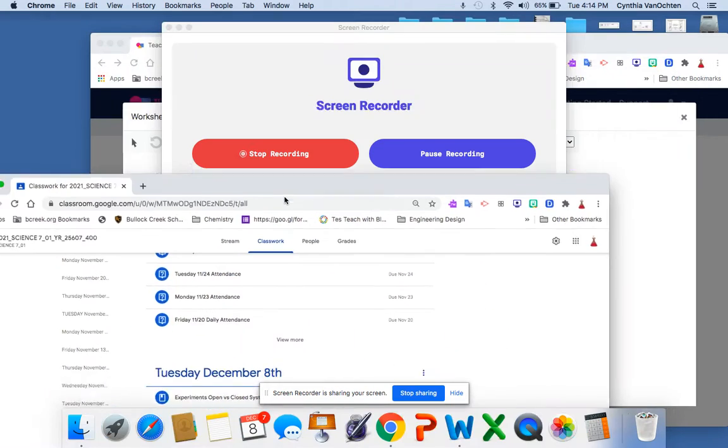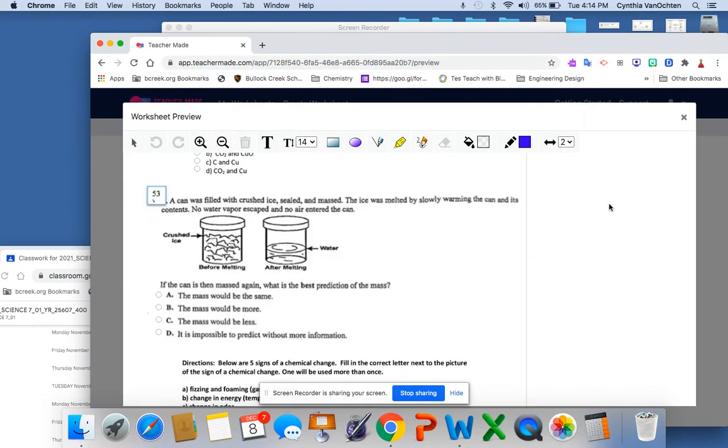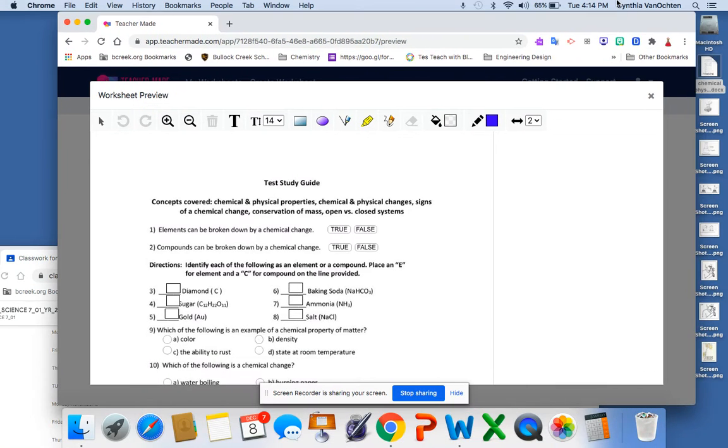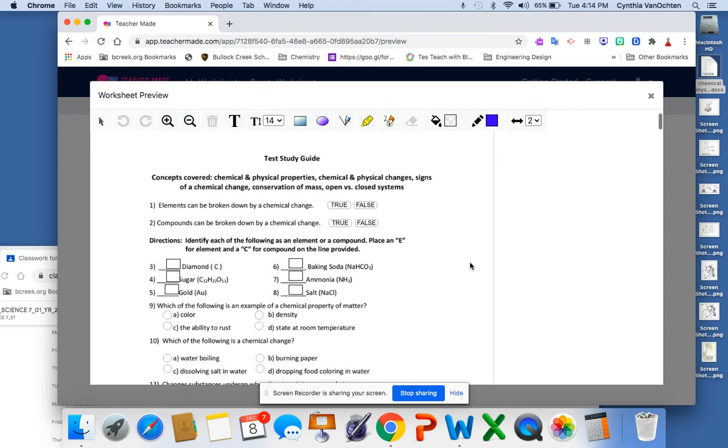In addition to that, I also have posted for you today a test study guide. The test study guide you'll be turning in will not be due until Friday, the day of the test. But this study guide should really, really help you get prepared for the test.